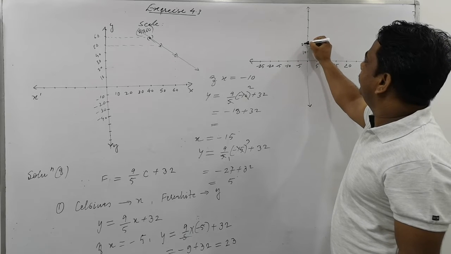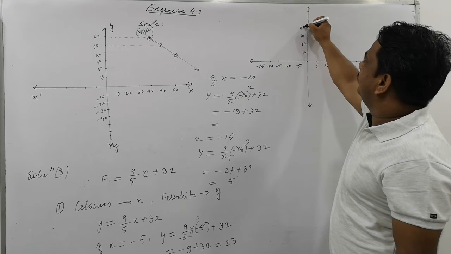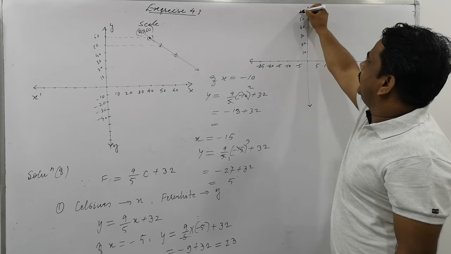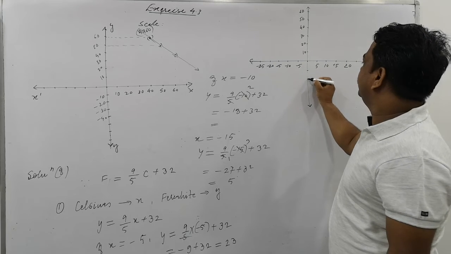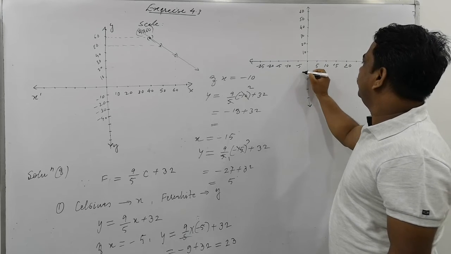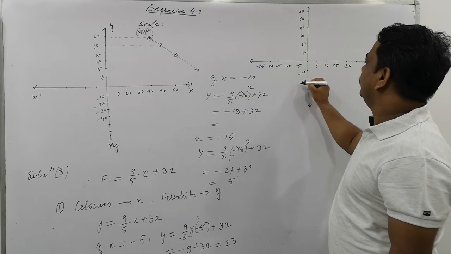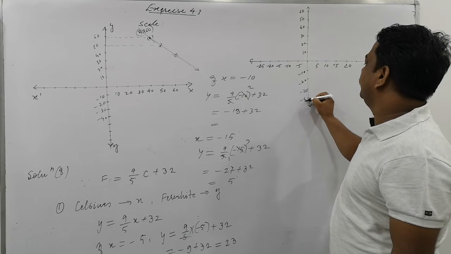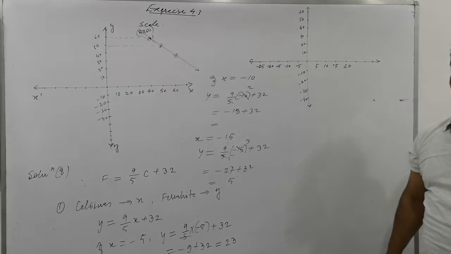On the other axis, 10, 20, 30, 40, 50, 60. Clear? Now see on the graph.